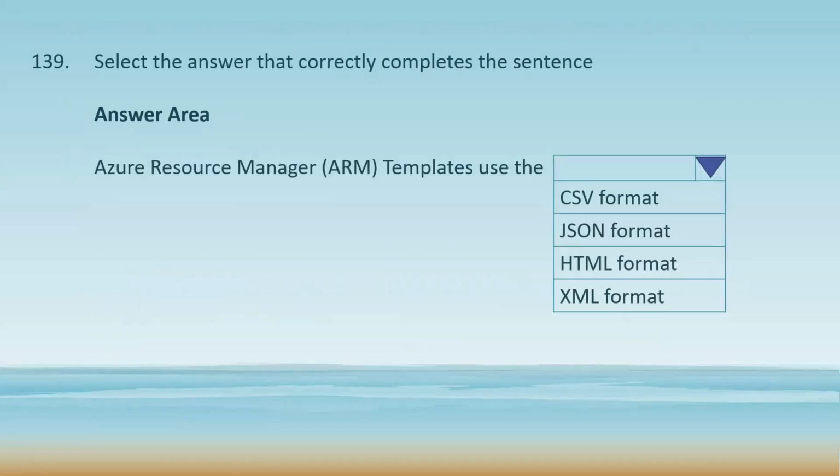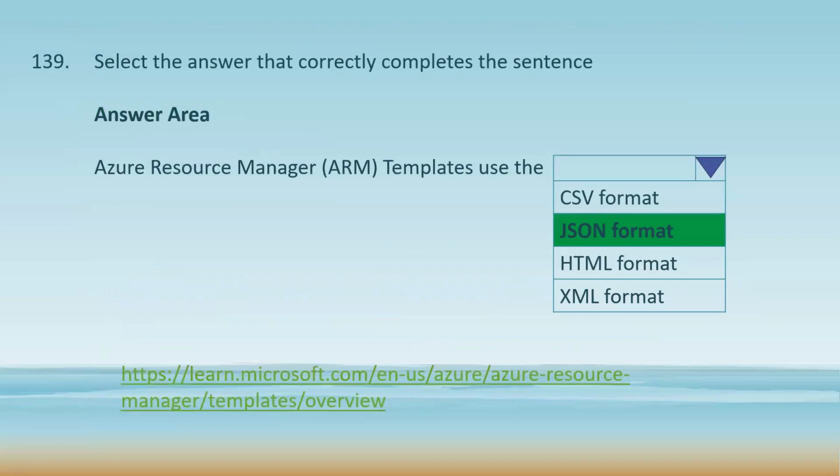Azure Resource Manager templates use, we are talking about ARM templates, and we need to choose what is the format of the ARM templates. Your options are CSV format, JSON format, HTML format, XML format. The correct answer is JSON format.